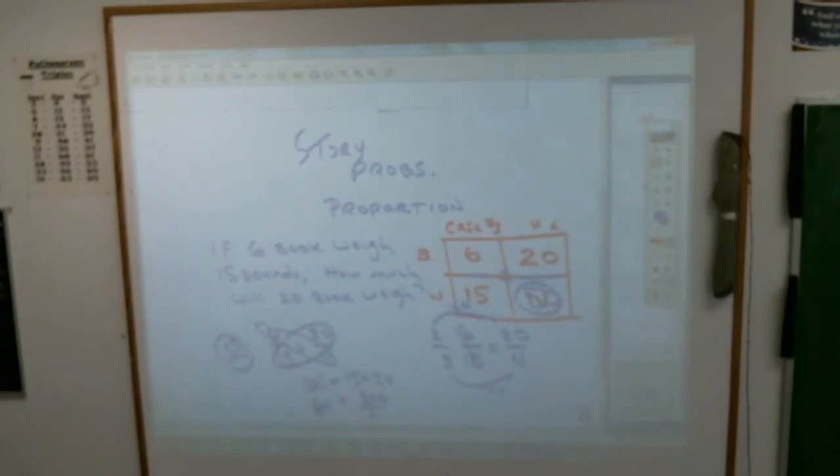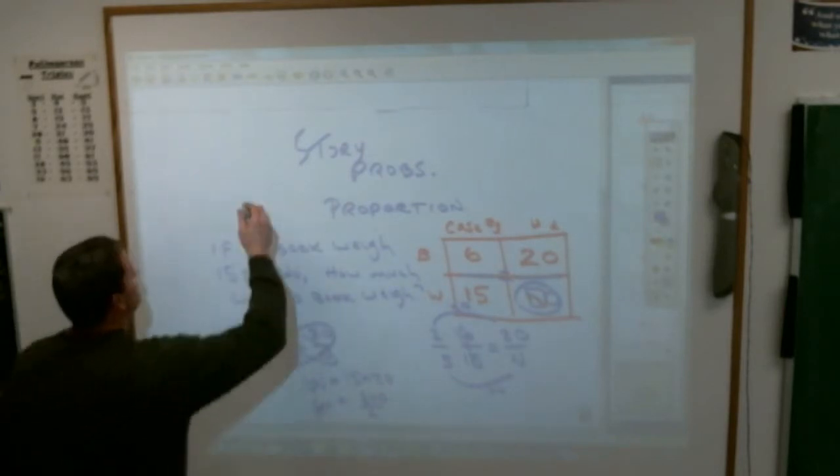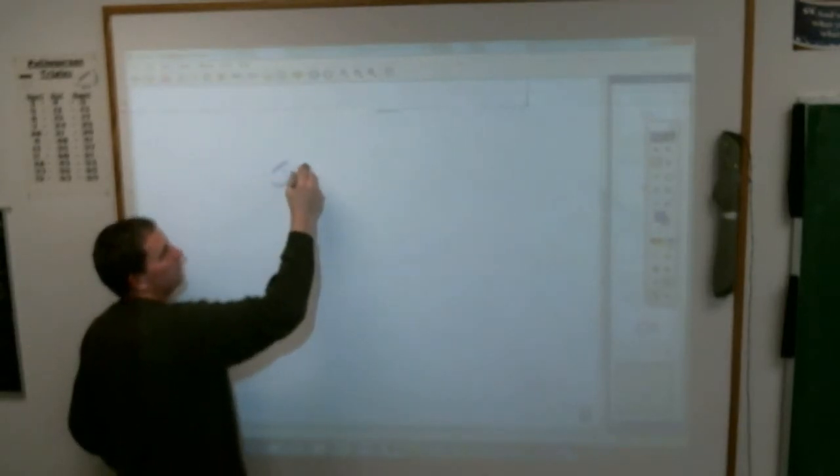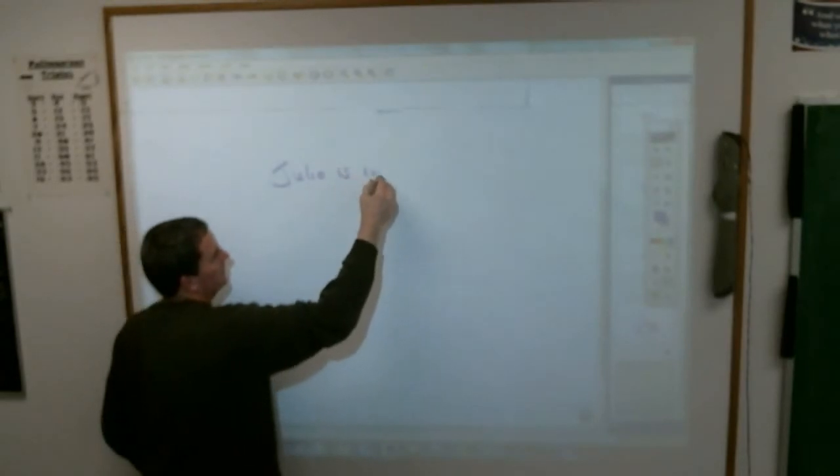Here's a good one. Julio is riding in a 50-kilometer bike race.